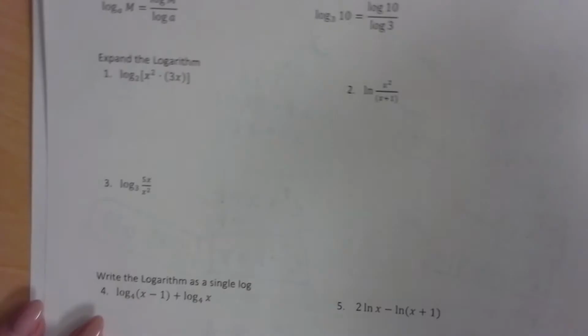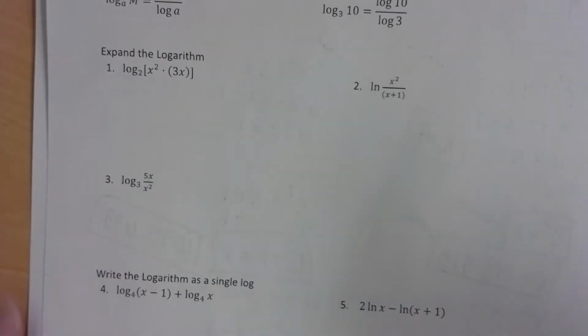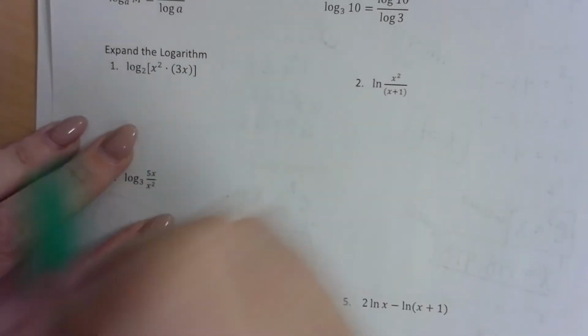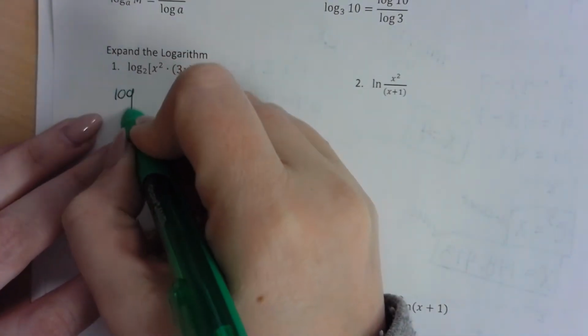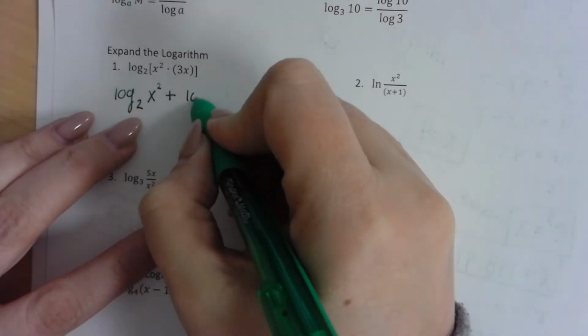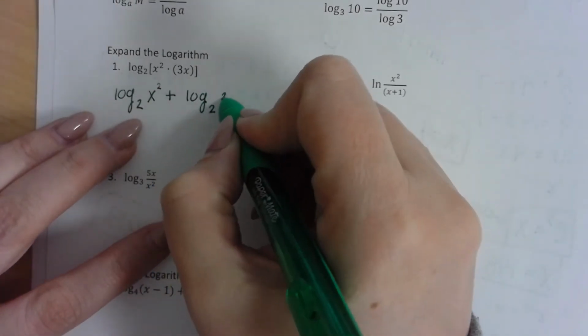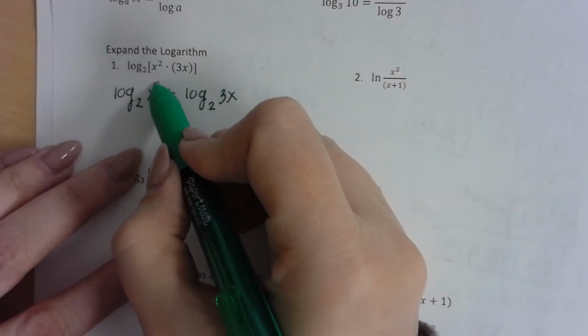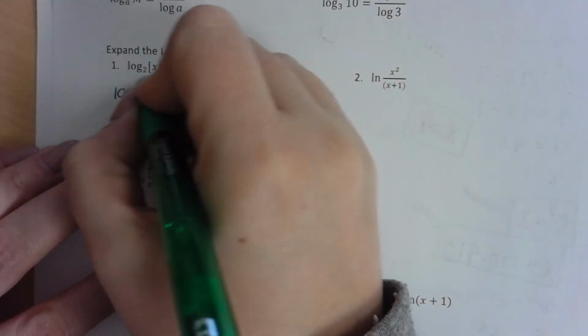Okay, so if we look at number 1, it wants us to expand it, so we want it to get larger. Here we have multiplication, so we're going to expand that with addition. So we've got log base 2 of x squared plus log base 2 of 3x. Another one of our rules is that when we have an exponent, it can move to the front.